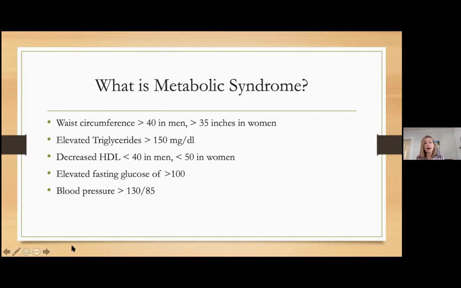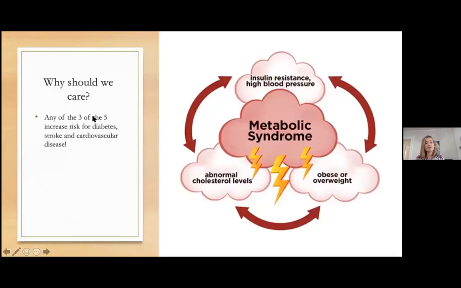So if you have three of those five factors of metabolic syndrome, you are not only at increased risk of diabetes, but you're also at increased risk of stroke and cardiovascular disease. And they all play into each other, right?